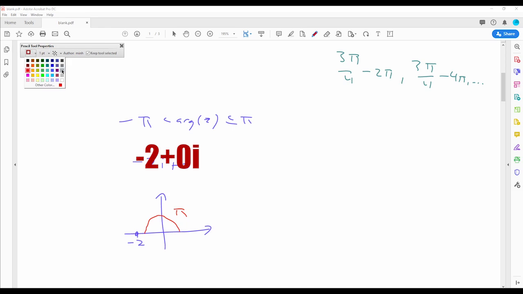But you can also see that if you go clockwise and take the negative case, it's also equal to negative pi. So technically they're the exact same thing, but just by convention, we'd rather use the positive case pi rather than negative pi. So the argument of our complex number minus 2i plus 0 would be pi.